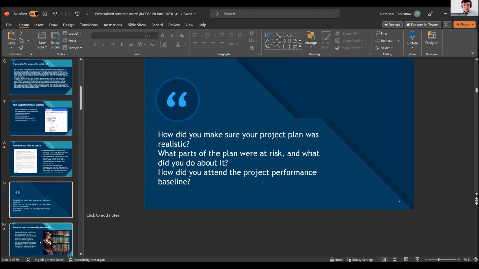Or how did you attend to the project performance baseline? If this is a realistic project plan, then the project performance baseline actually should be completed. So that's how it works. It's all legit questions, and I can ask them. And that's how I can arrange the invitation and assessment of candidates.